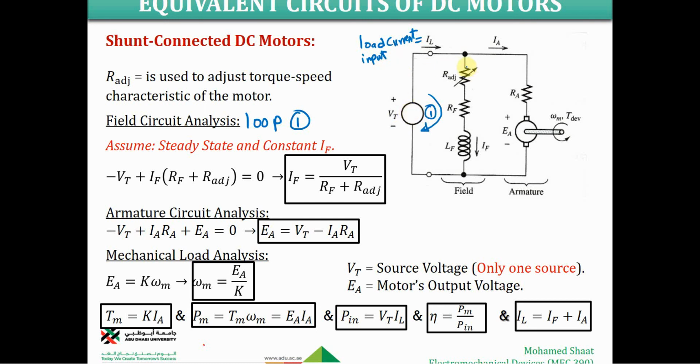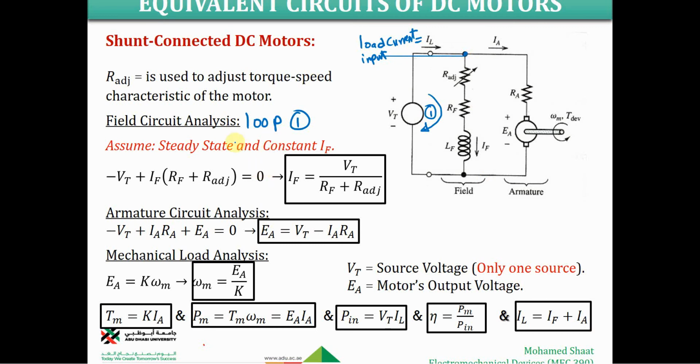This current will be split into two parts: IF, which is the current over this branch, and a current which is over the armature. So this is the armature current and this is the field current, and if you sum both of them, you are going to end up with IL. So IL is the sum of IF plus IA according to the Kirchhoff current law at this node.